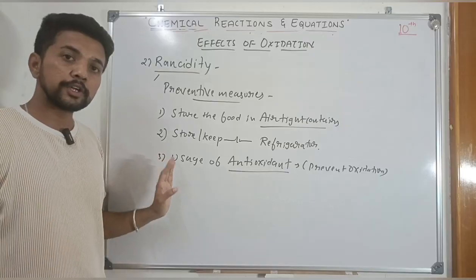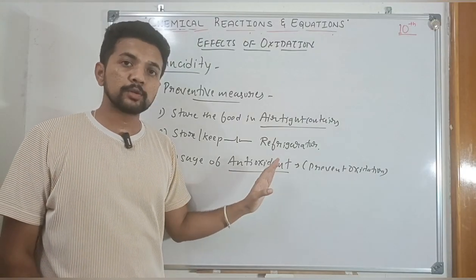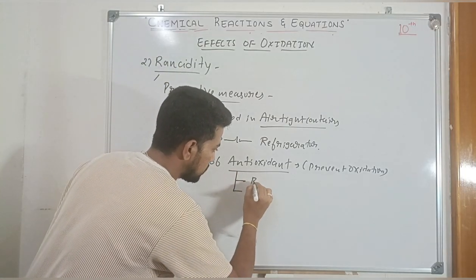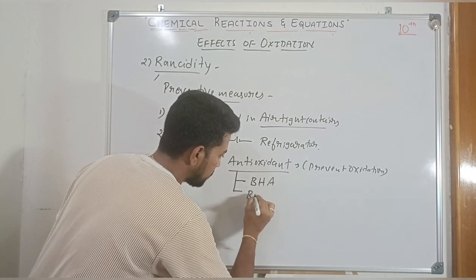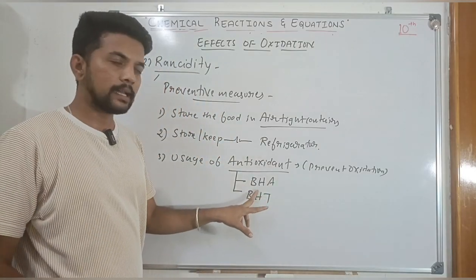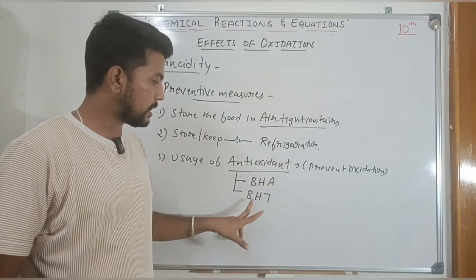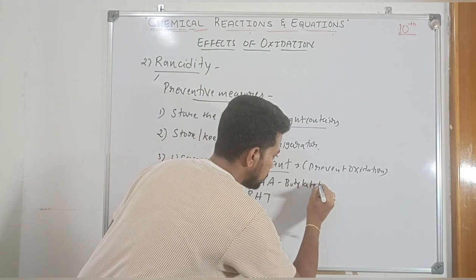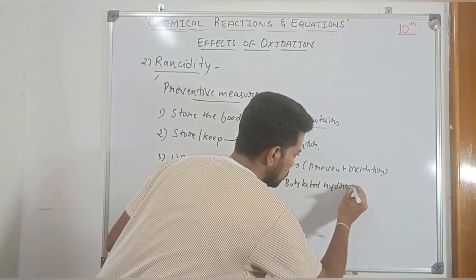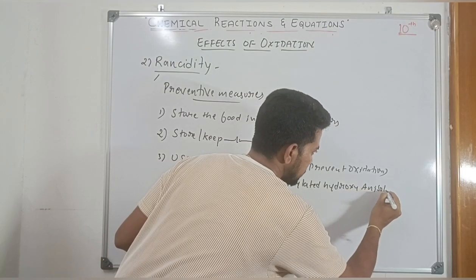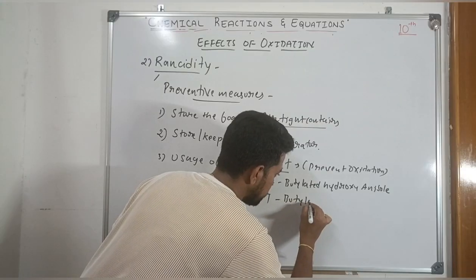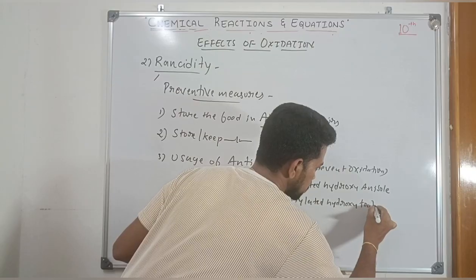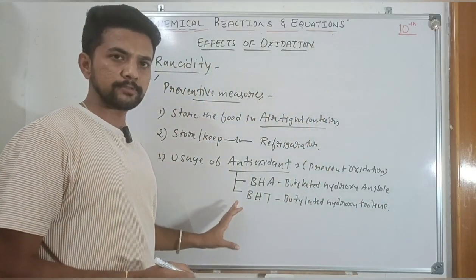So you have to use antioxidants in order to prevent rancidity. Examples for antioxidants are BHA and BHT: butylated hydroxyanisole and butylated hydroxytoluene. These are the two examples for antioxidants.